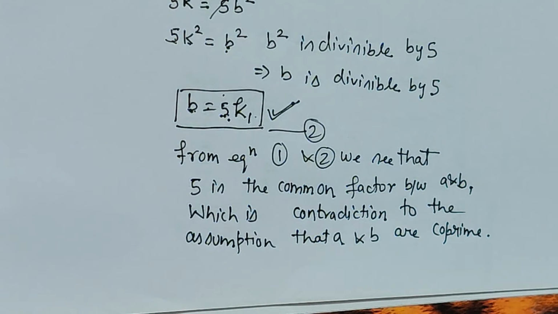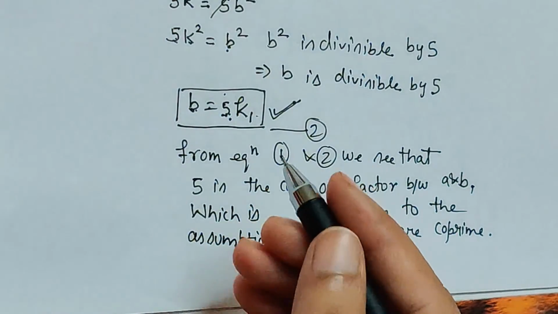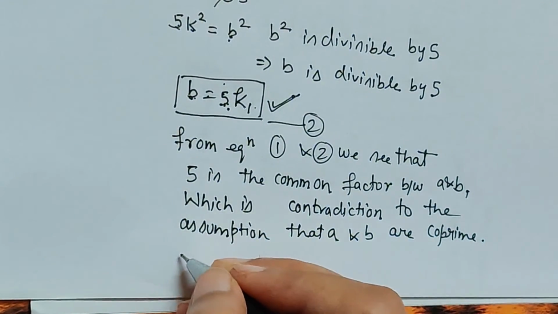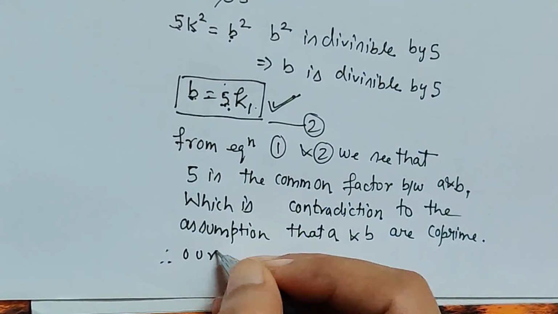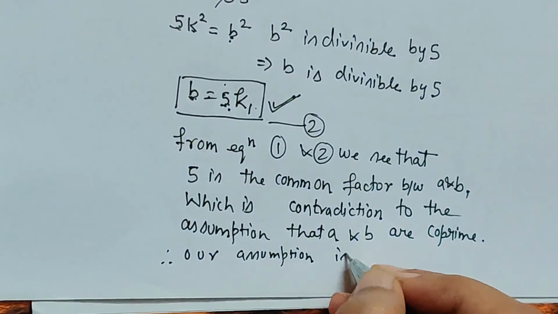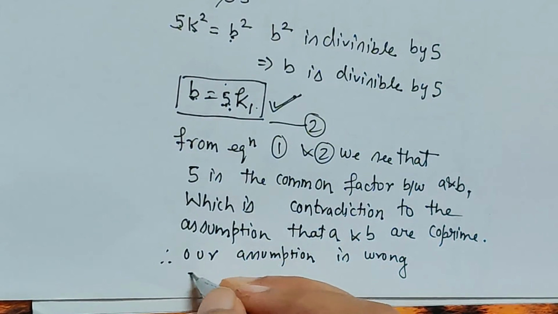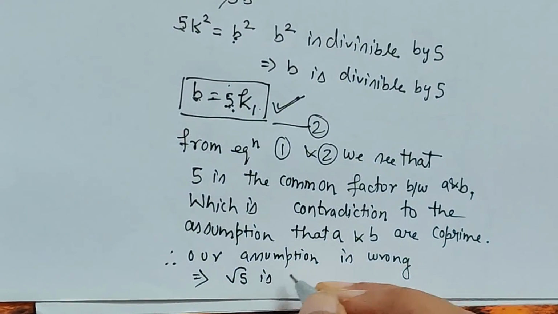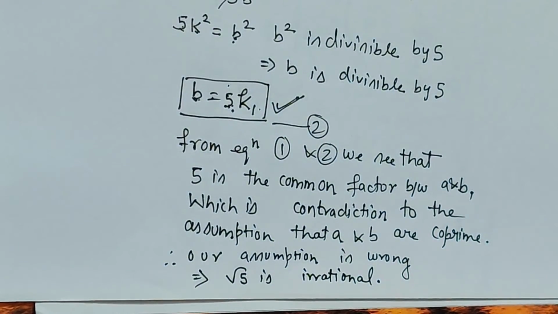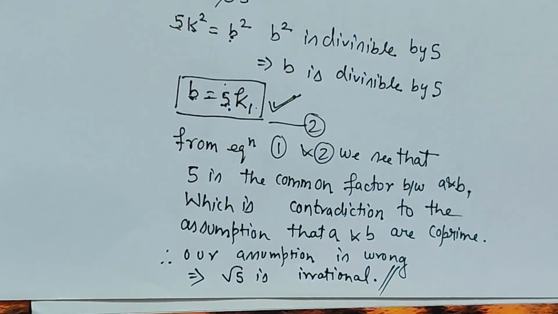If it is a contradiction, it means that our assumption is wrong. So we write that since it is a contradiction, therefore our assumption is wrong, which implies root 5 is irrational. Got it? This is how we have to prove that root 5 is irrational.